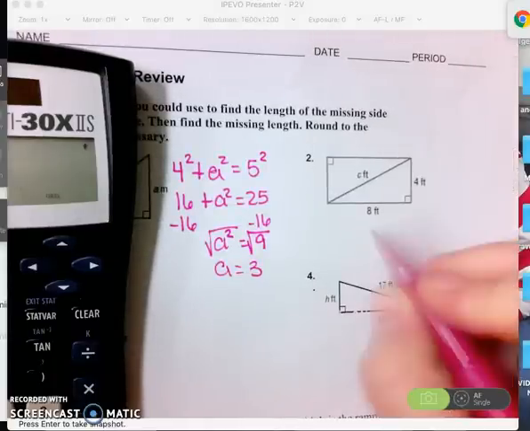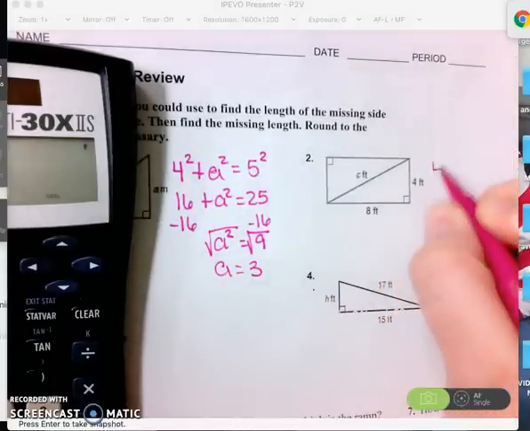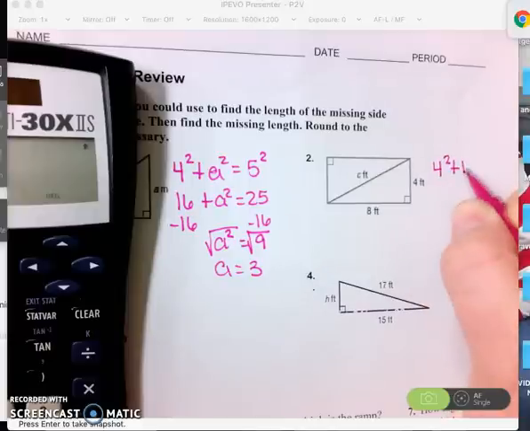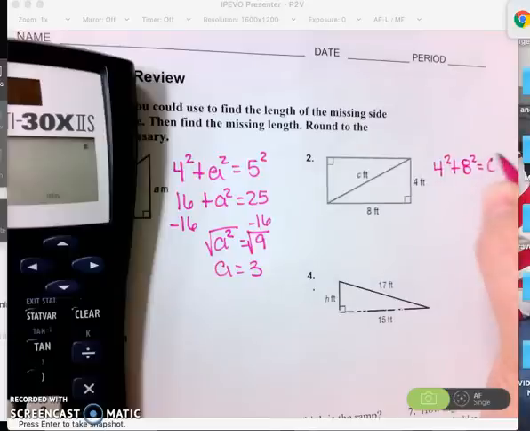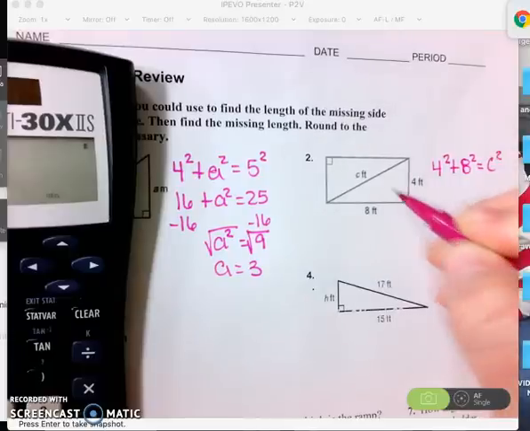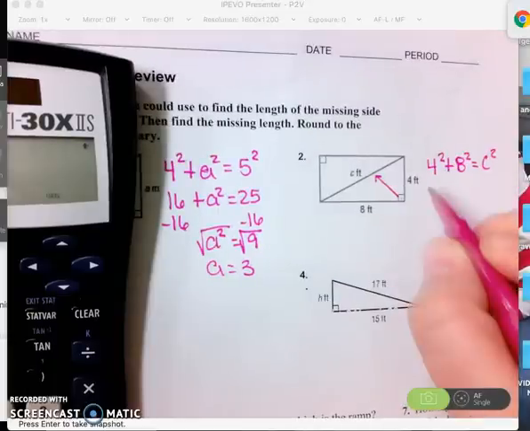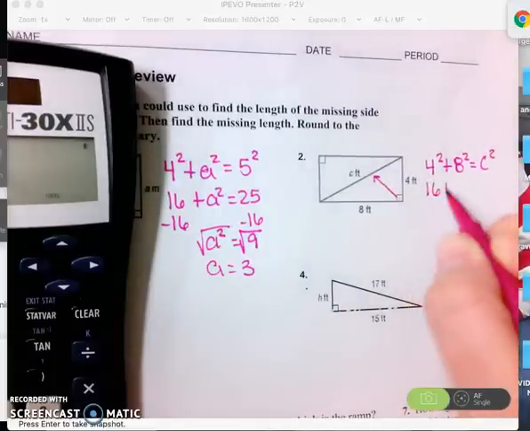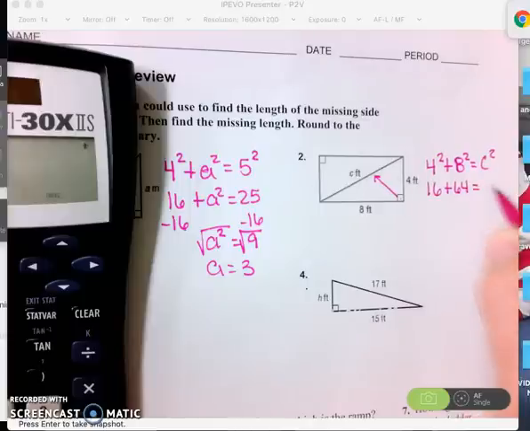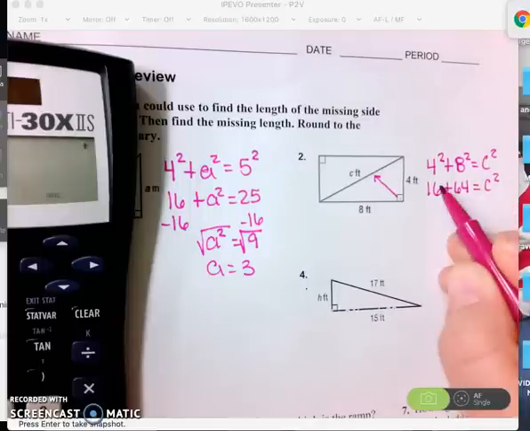Okay, number 2, these two are our legs, so we're going to do 4 squared plus 8 squared equals c squared. Remember, our right triangle points towards our hypotenuse, which is our c. So 4 squared is 16 plus 64. So we have to square them first and then add them.